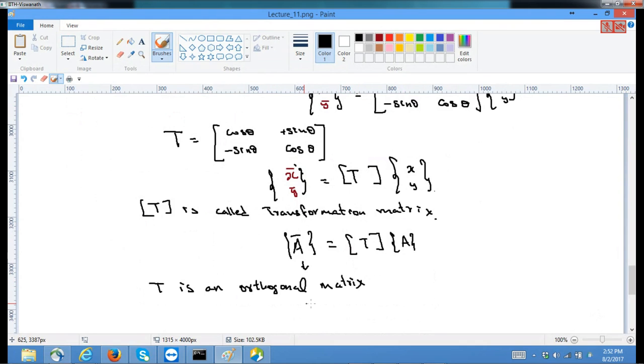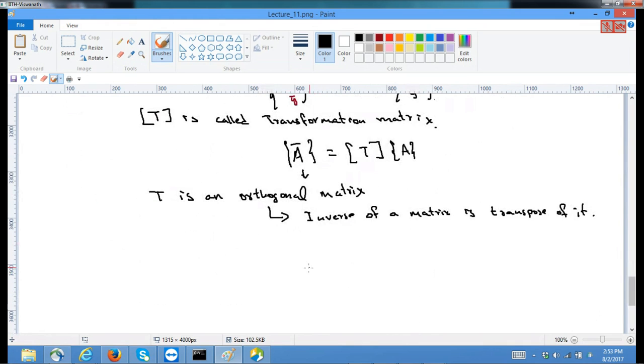The property of an orthogonal matrix is that the inverse of a matrix is its transpose. That is, if I want to invert this and get A, then I need to write A equals T inverse of A bar.